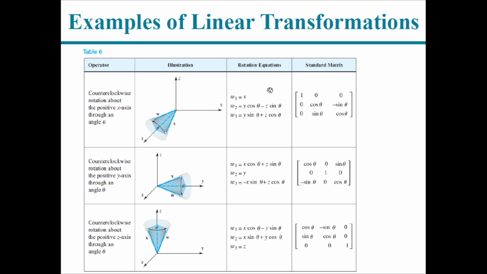These things are given here, so you just apply this transformation to basis vectors from standard basis of R3, and then you put the results in columns, and that's it. Obviously all of these matrices are invertible because it's just a rotation, so that's invertible, but it's fine.